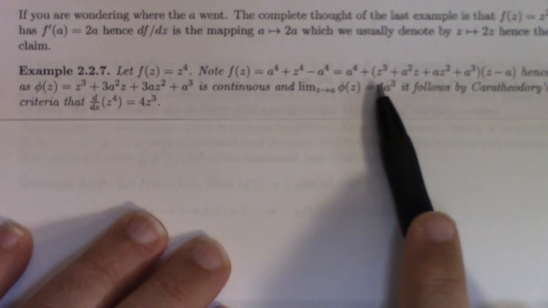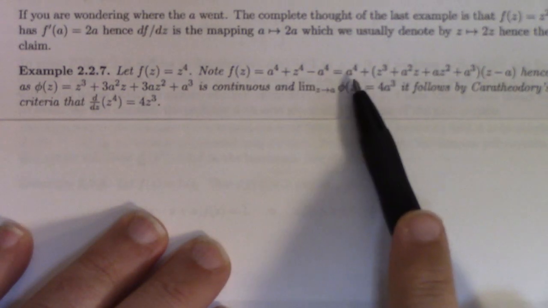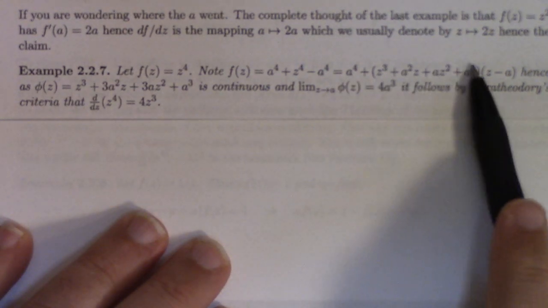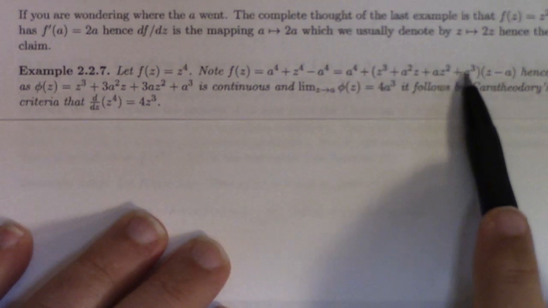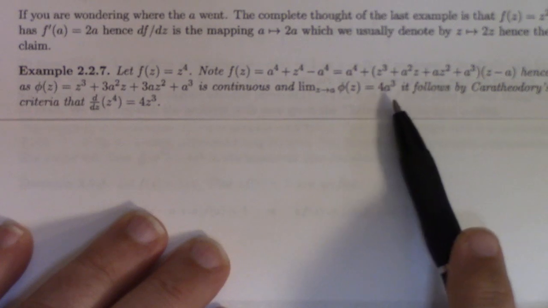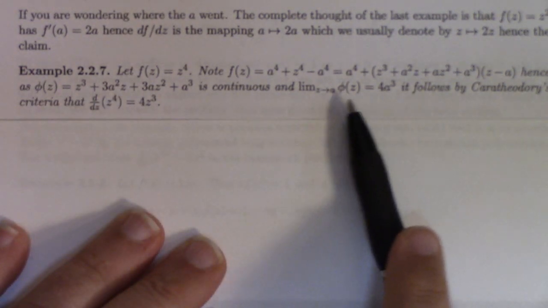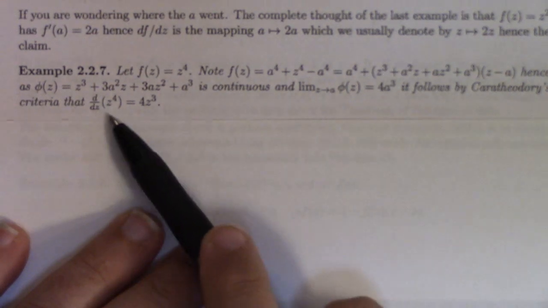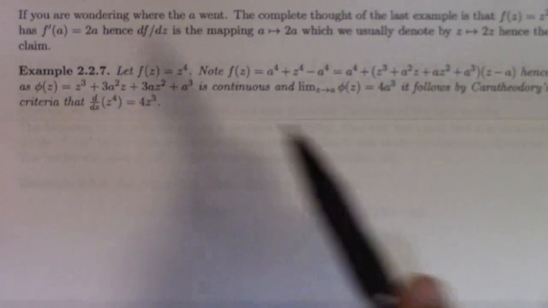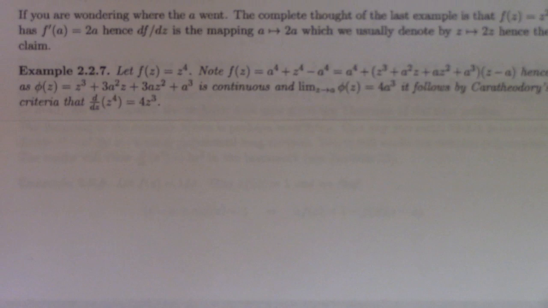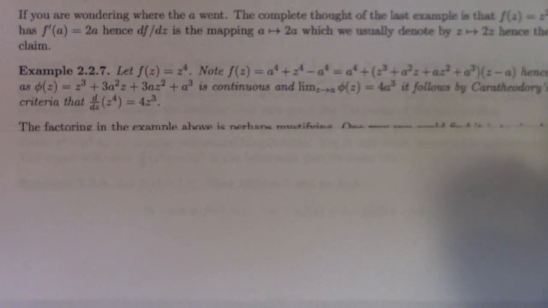And so there you go, f of z is f of a plus this thing times z minus a, so this thing should be phi of z, which by the way is continuous and has limit 4a cubed as z goes to a. Hence d dz of z to the 4th is 4z cubed. So it is slick, these proofs of differentiability.